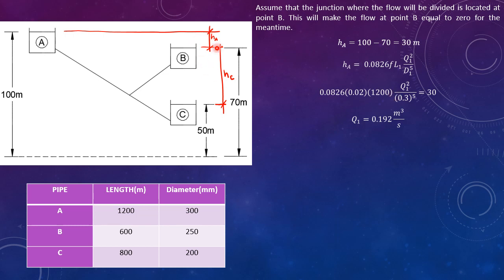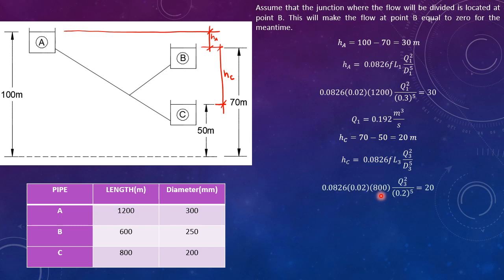Next, head loss C is equal to 70 meters minus 50 meters. That is equal to 20 meters. Once again, using Darcy-Weisbach formula, it is equal to 0.0826 FL3 Q3 squared over D3 raised to 5.